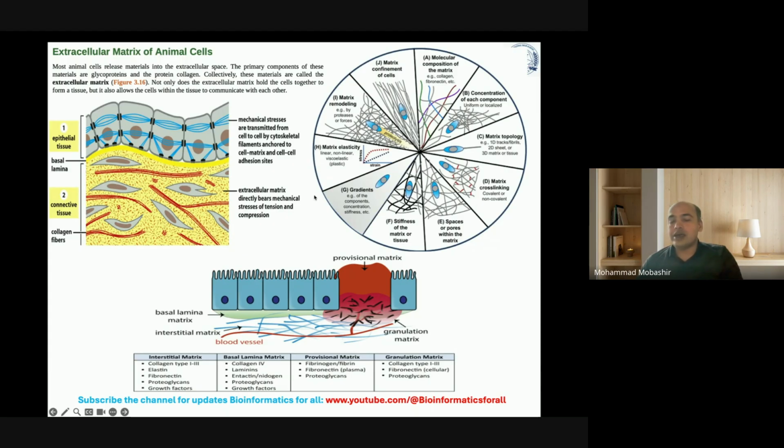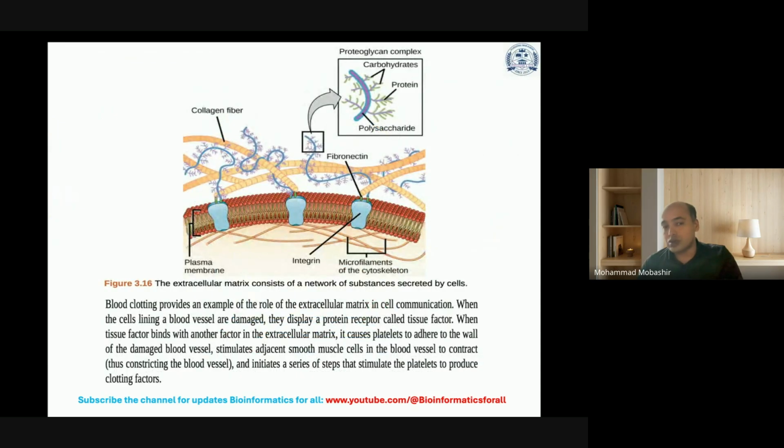So there are enormous roles and significance of ECM or extracellular matrix in animal cells, not only in cancer, but also in several other diseases. So that is all for today, what I wanted to say.